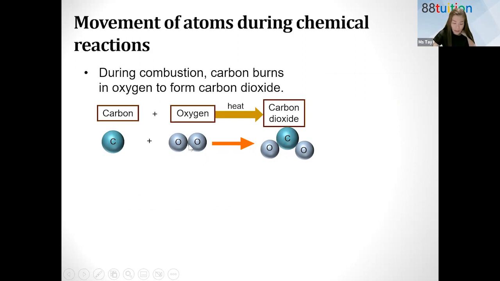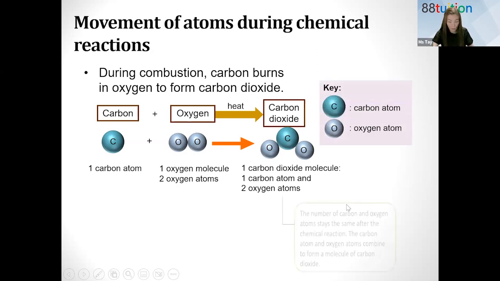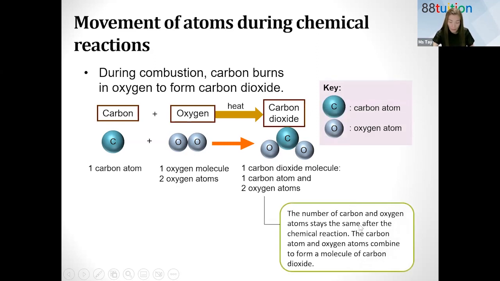Then each of them will combine with carbon to form carbon dioxide. Clear? Old bonds are broken, new bonds are formed. So this is how it happens. You can see that the number of carbon and oxygen atoms will always stay the same after the reaction.